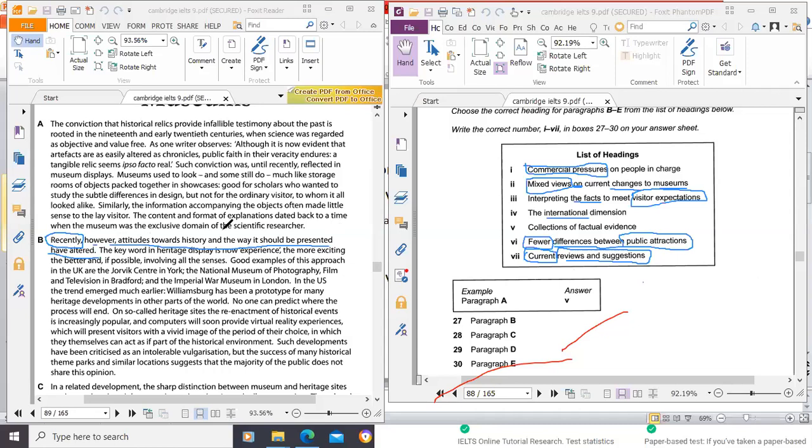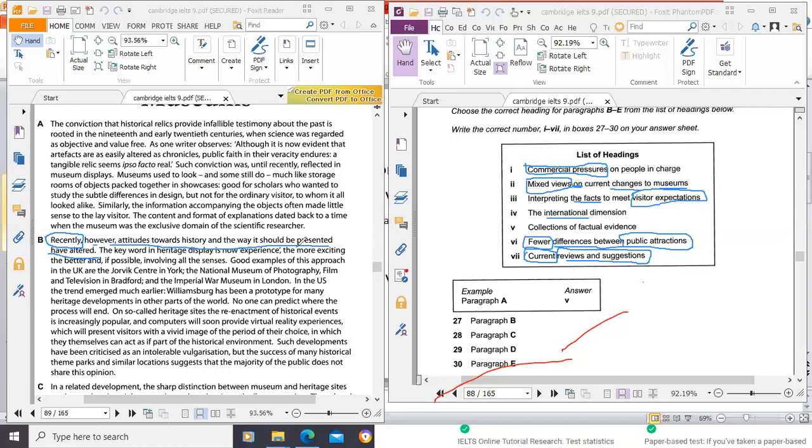That is not what you want to do. What you are looking for is something that has the same meaning as this heading, not something that contains the same words or synonyms as this heading. Let me repeat that. You are looking for the same meaning.